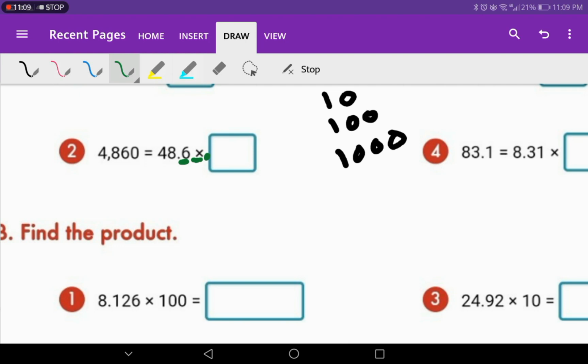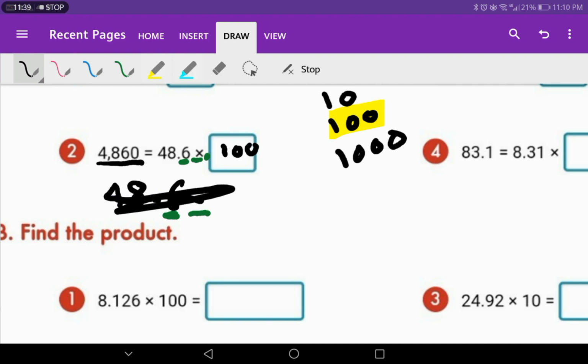Okay, so let me rewrite it again. 48.6. How could it be like this one? Okay, see, I have to move the decimal point 2 places. 1, 2, and that means 2 places means 100, so the answer is 100.